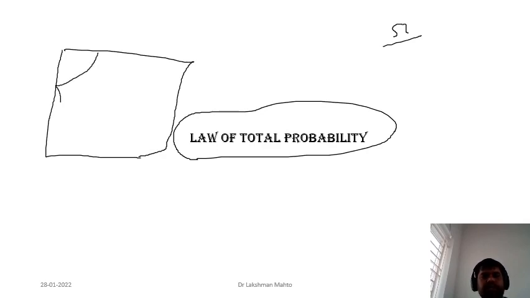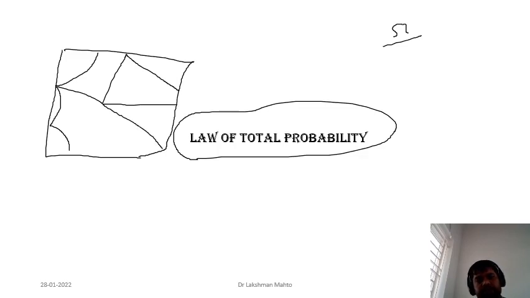What are the criteria for a partition? There are three criteria for being a partition. Every partition must be mutually exclusive and mutually exhaustive as well.